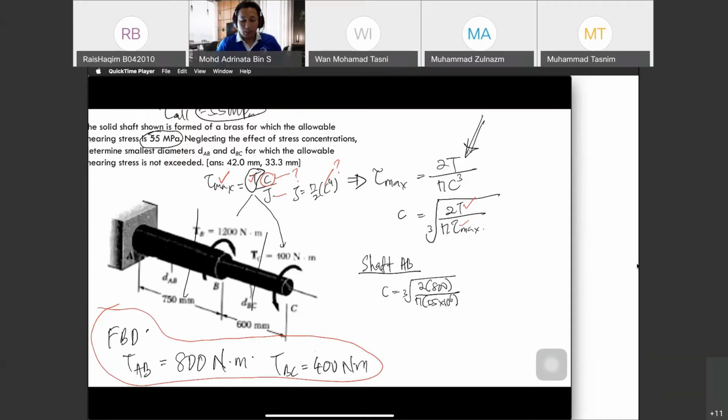Then C kita akan dapat 21 kali 10 negatif 3 meter equals to 21.0 millimeter. Shaft BC, shaft BC kita ada C equals to cube root of 2 kali 400 Newton meter bagi dengan pi 55 kali 10 to the power of 6 equals to 16.67 millimeter.